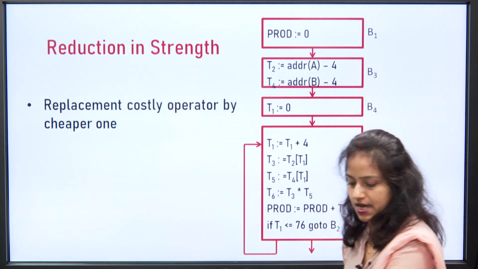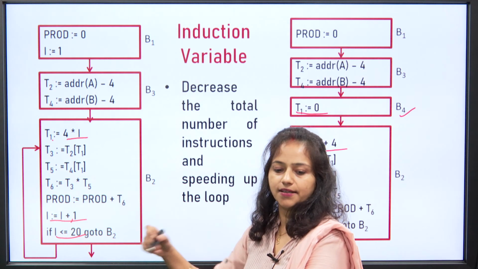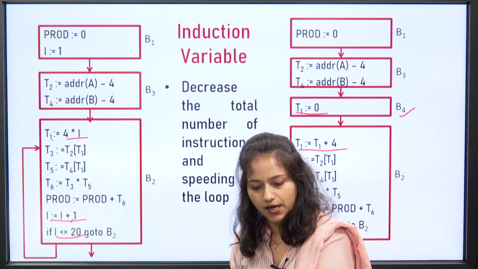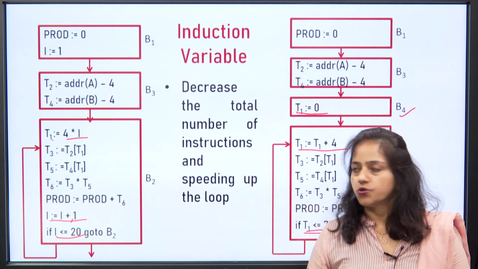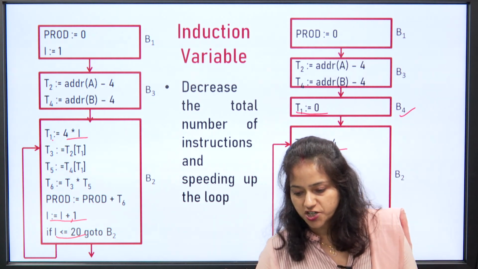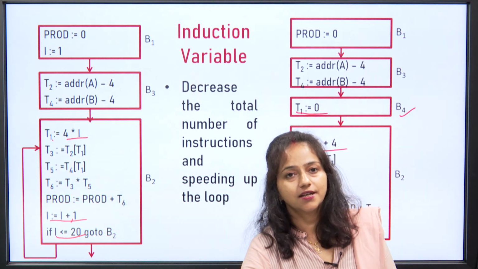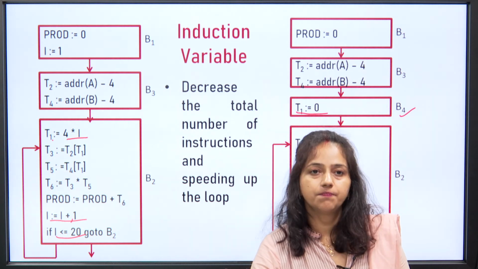We can see here that we are doing the multiplication, and in the step of the inductive variable we change it to the plus operator. So, this is the costly operator and this is the cheaper operator, meaning the computational cost for doing the addition is lesser than the computational cost required to do the multiplication.